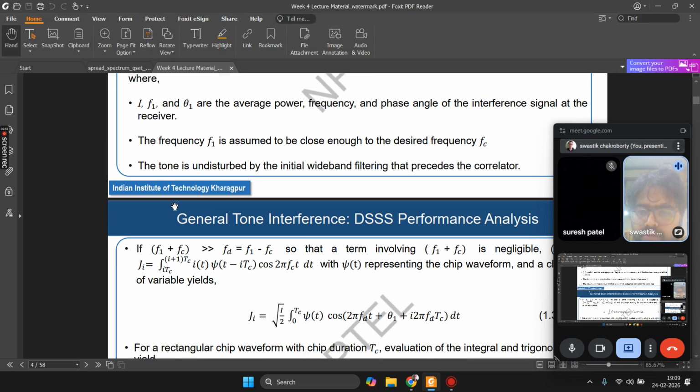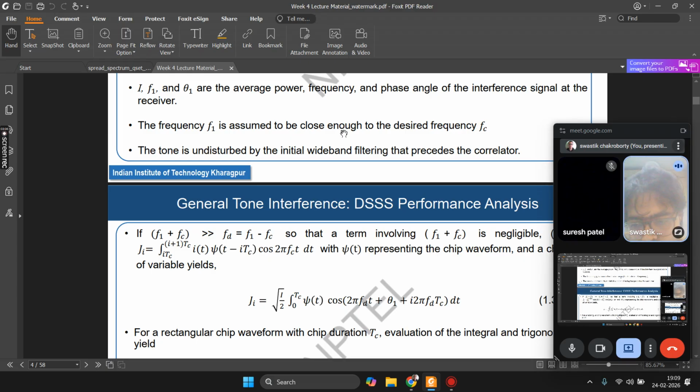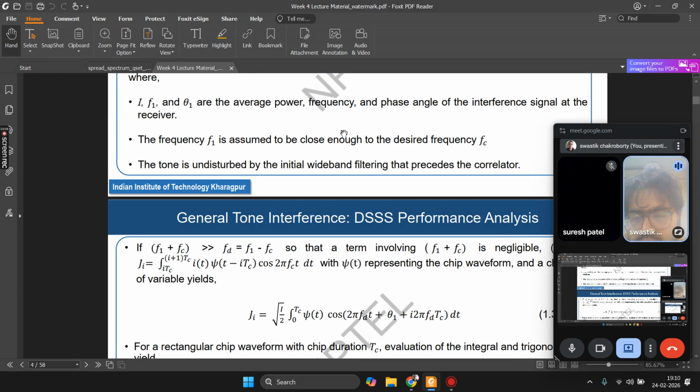So this is the interfering tone f1. All the accumulated interference from various sources is assumed to be accumulated into a single tone, the interfering tone f1. This f1 is assumed to be close enough to the desired frequency fc.